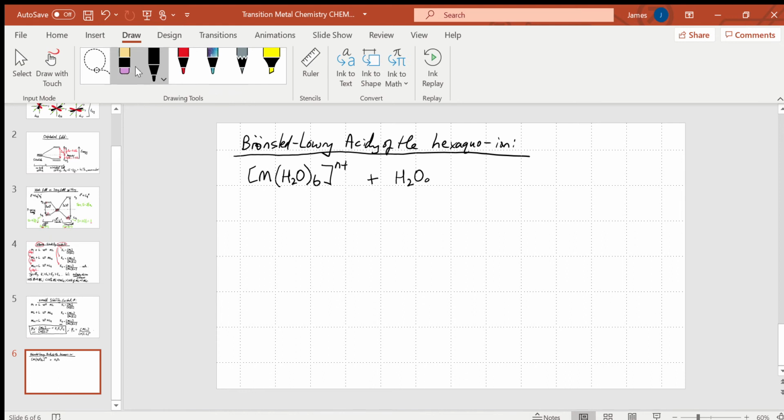So this could be aqueous, this could be liquid water, and it will be in equilibrium with the metal with five waters and an OH, and now we've got n-1 positive charges, aqueous, and now we've generated a hydronium ion.